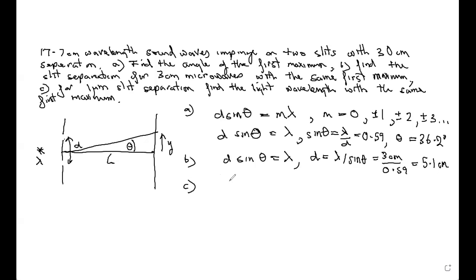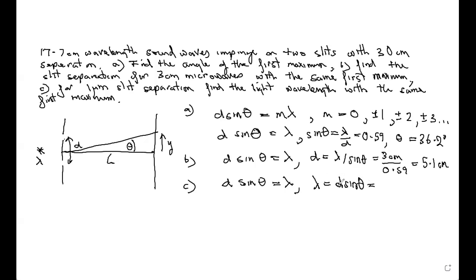So let me write down this tired old formula one more time. This relationship between the slit separation, the angle theta of the maximum, and the wavelength of the waves. And in this case, if we look at this equation, we know the slit separation, we know the direction for the first maximum. The only thing we don't know is the wavelength of the light. And so this time we're actually solving for lambda.